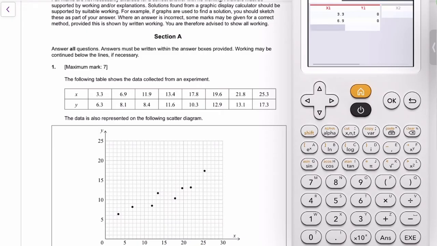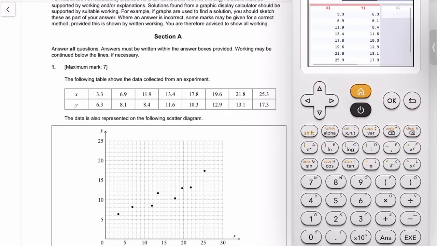Just input all of them, and then use the linear regression function. It's the first question and also a question shared with SL, so you really should not lose any mark here. And well, you probably won't if you know how to use your calculator.